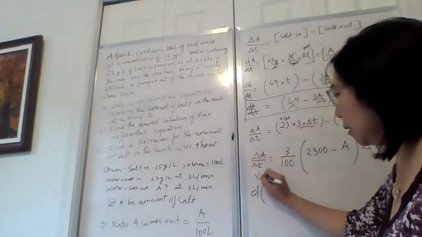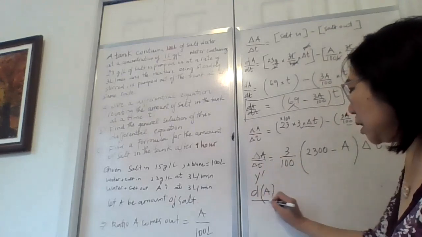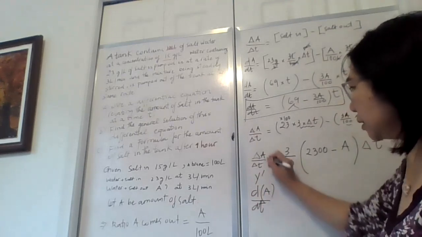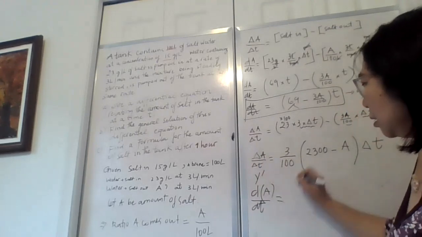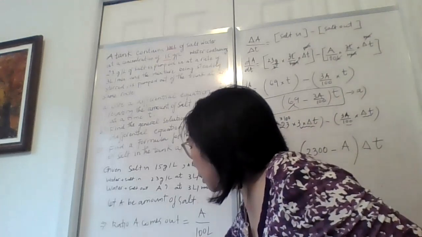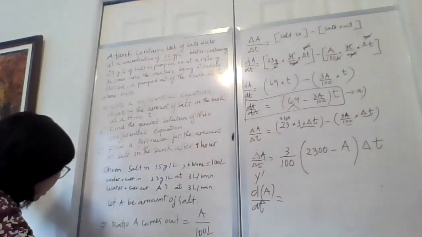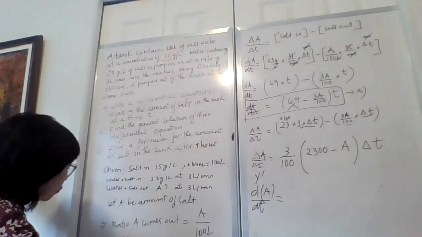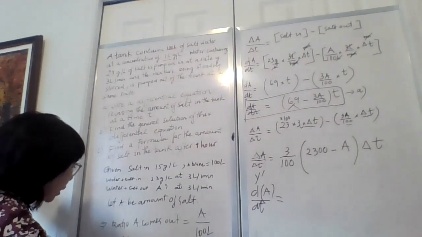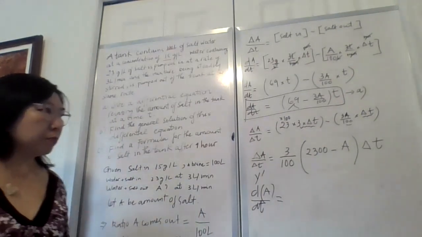This is the y prime, derivative of the amount of A, dA over dt, right? It's the same as y prime, equal, remember we're talking about y. If we have a y prime equals ce to the kt, then there will exist a function y equals ce to the kt. And that's why I want to put in this form, right?